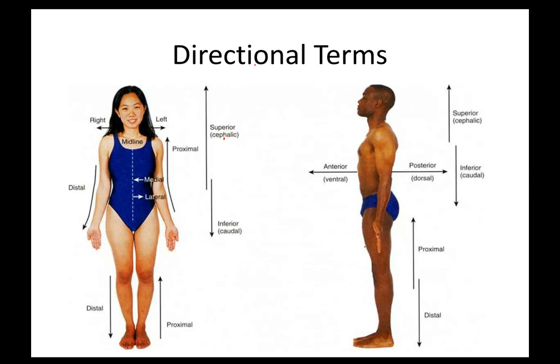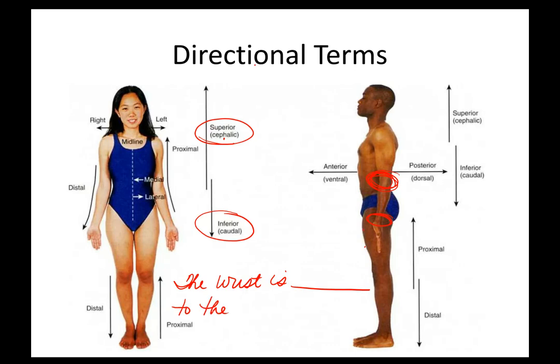So let's go with the wrist versus the elbow, okay? So again, we're using superior and inferior. The wrist is blank to the elbow. Is it above it or is it below it?